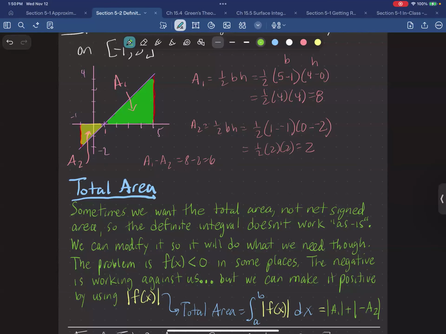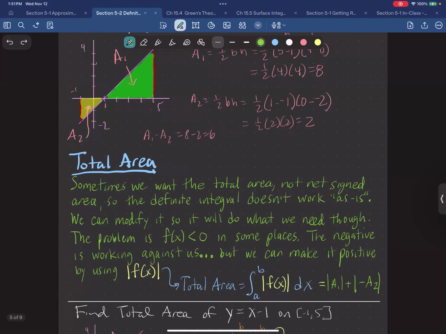It's separating it into two integrals, one for this region and another for this region. We'll see why in the next video when we do the properties of definite integrals.